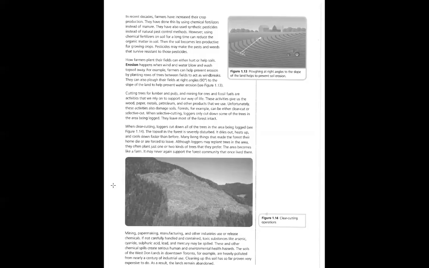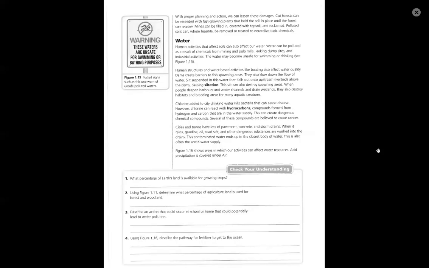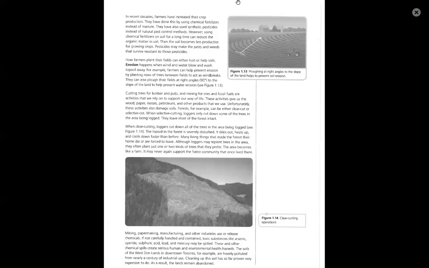If we lose our topsoil, what that does. And so it's really important that we know what happens when we clear cut and what erosion does. Okay, those were all parts of lesson 2.